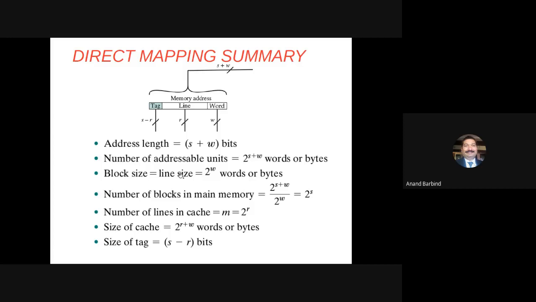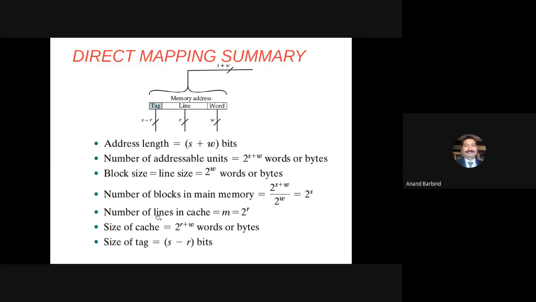Then the block size is determined by the W number of bits, as we have discussed. So the total number of bytes in a particular block is 2 to the power W. Then the number of blocks in the main memory can be determined from 2 to the power S plus W, which is the capacity of the memory, divided by the size of the block. So there are 2 to the power S blocks in the main memory.